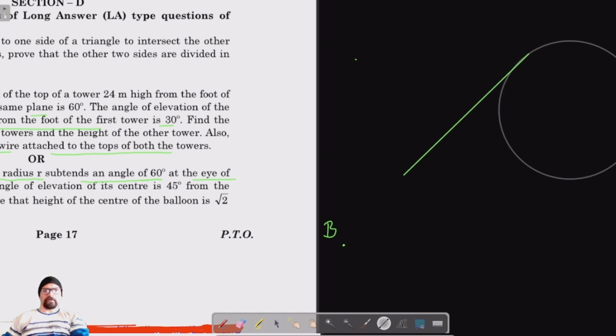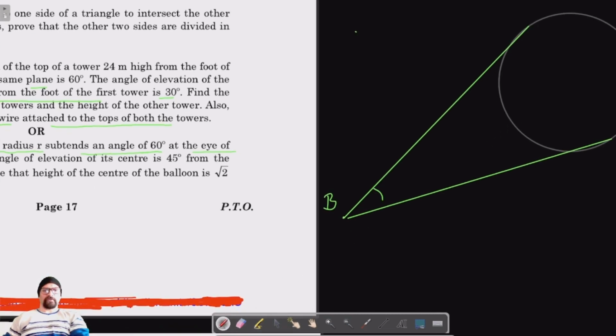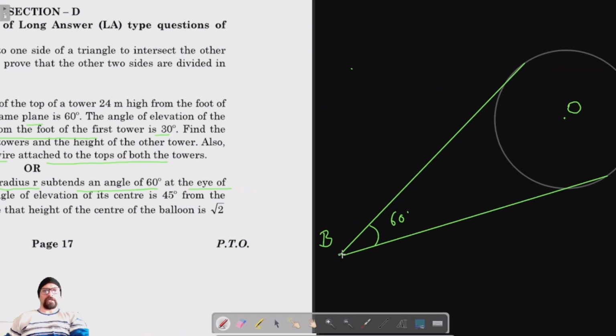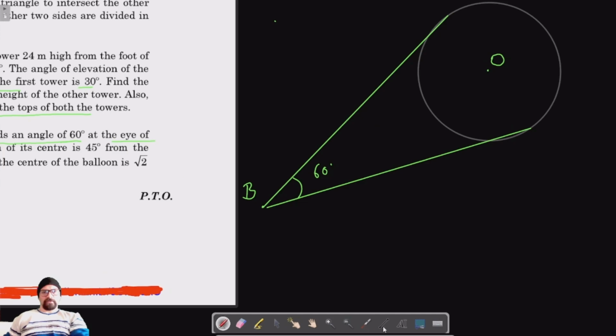So let's say this is one tangent, and this is, let's say, another tangent from the balloon, and this is the 60 degree subtended, and let O be the center of the spherical balloon. So this is how the angle has been subtended by the balloon at the eyes of the observer, 60 degree. And let's say this is our horizontal at the level of the observer's eye.